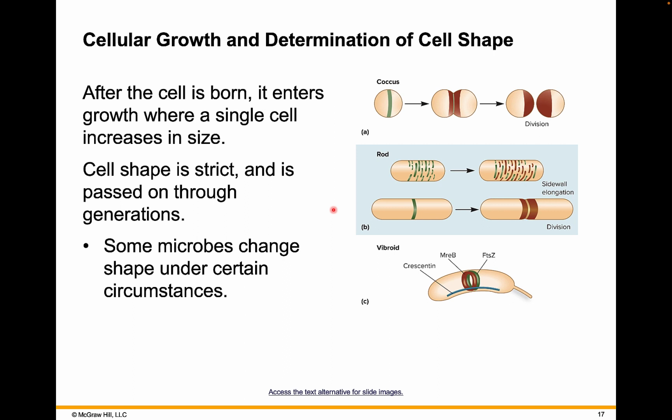The cell shape is usually strict and is passed through generations, but some microbes change shape under certain circumstances. A classic example is Helicobacter pylori. Helicobacter pylori can be an infectious, pathogenic agent and takes residence in the stomach lining, or stomach mucosa.